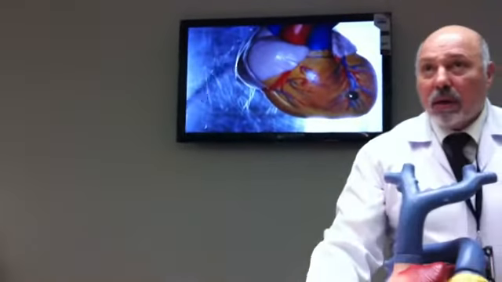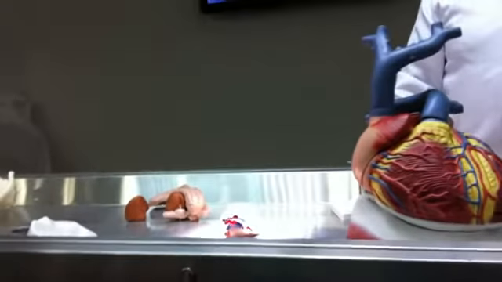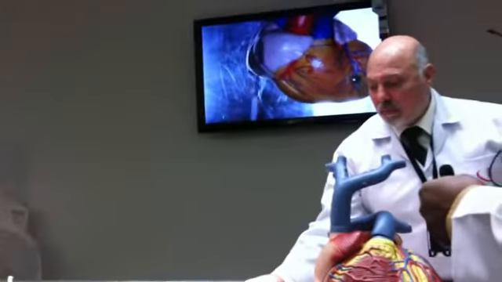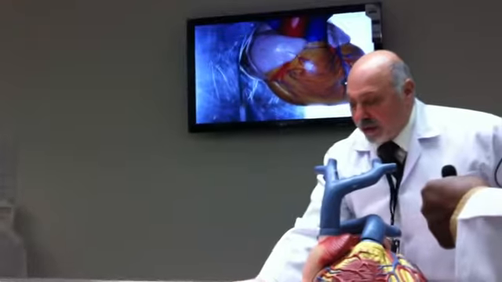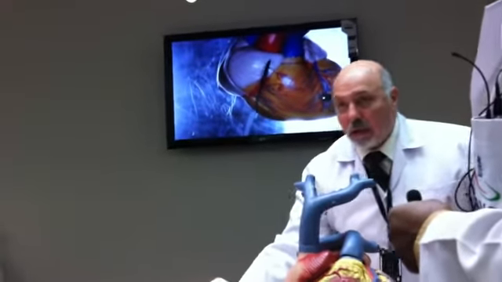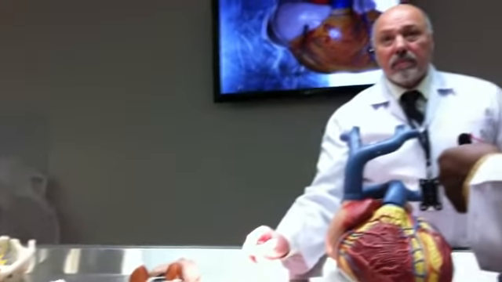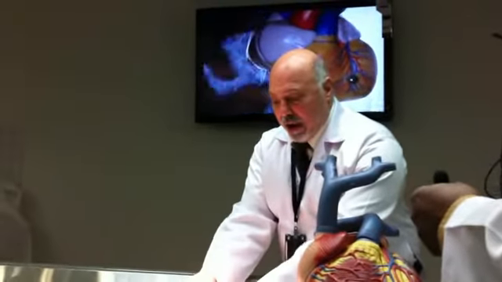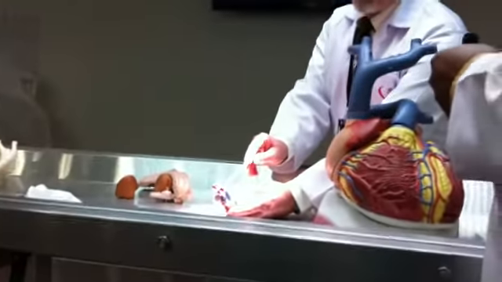Between them, on the outer surface of the heart, there is the sulcus terminalis. This is the right atrium, and this part is the right auricle. Right auricle here, and another auricle is called the left auricle.